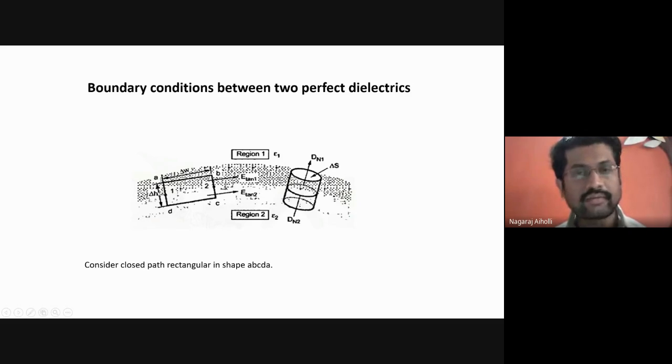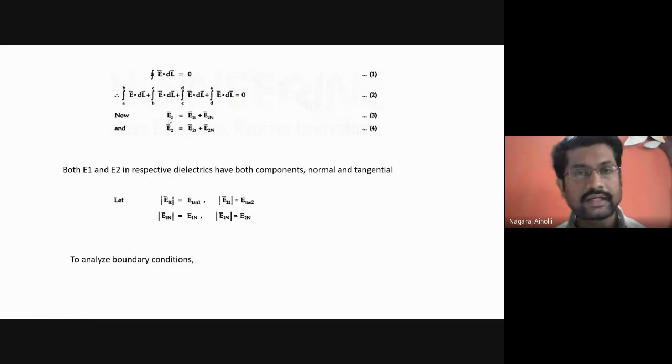Now, when we equate it to 0 according to Maxwell's equation, the electric field intensity consists of the tangential component and also the normal component. The tangential component in region 1 is E tan 1. The tangential component in region 2 is E tan 2. The normal component in region 1 is E1n.